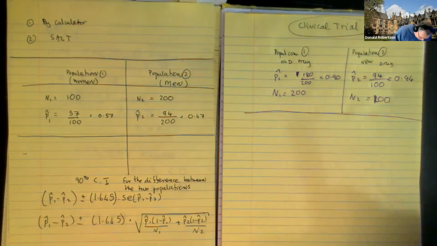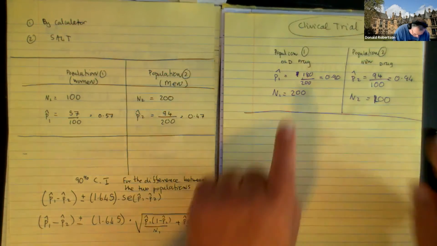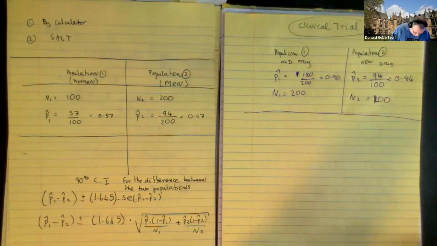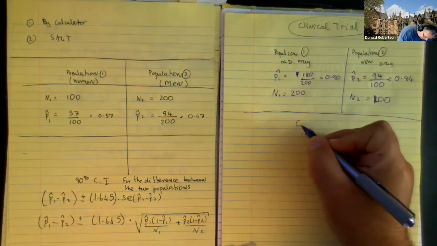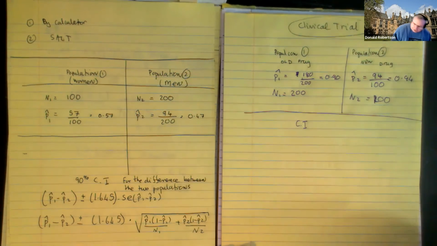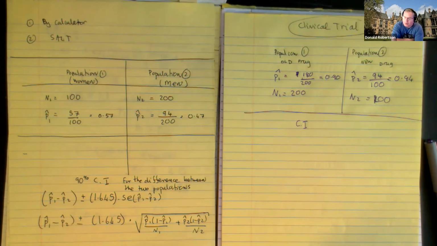And now we'll move on to using SALT. I've got all the data that I want. There's one last thing I want. I have to choose which confidence interval I want to pick. I can have a 90, I can have a 95, and I can have a 99. And I know which one I want to pick.